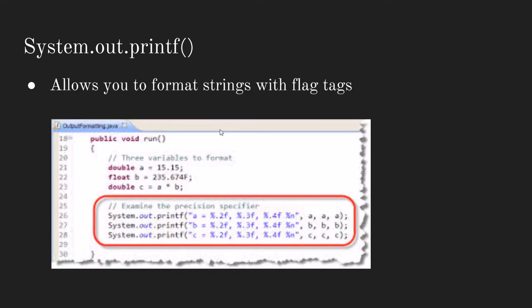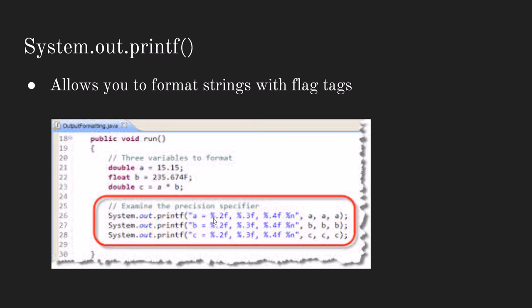Now the last one we're going to go over is System.out.printf. Basically what you need to know about it is it's the third method, not as commonly used as System.out.println or System.out.print, but it's very useful in that it allows you to format strings with what we call flag tags. We'll go over this in later topics, but flags allow you to, let's say, round.